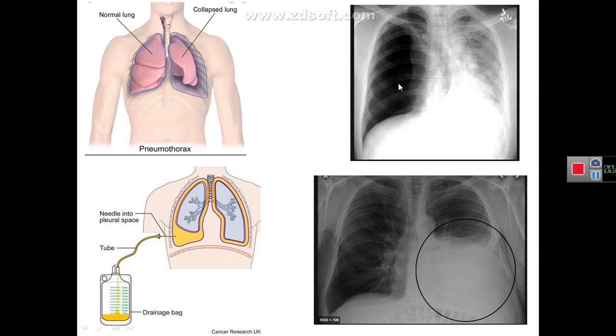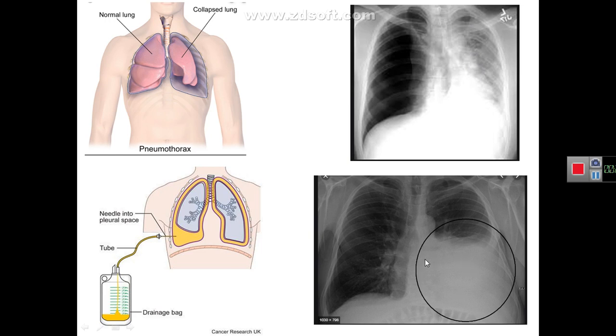This is an X-ray of a right-sided pneumothorax. This is a left-sided pneumothorax. You can see here that the pleural cavity on X-ray is very dark black, because the air makes the dark black color, while here on the other side you can see the normal marking of the lung.